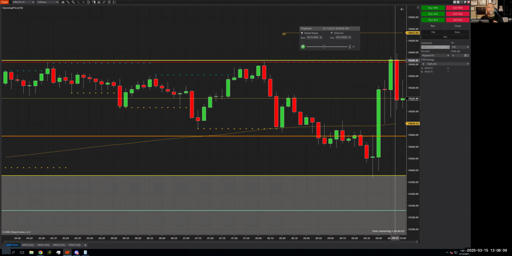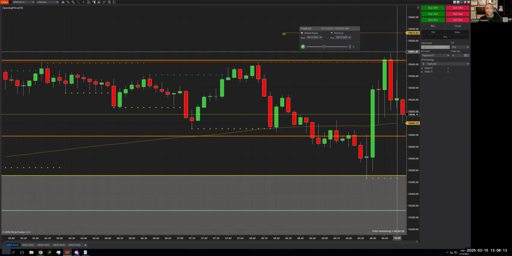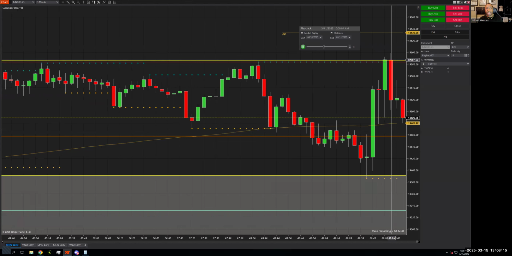My idea of a closure is up here. It's got to be a good distance above it. That little bit right there was just a bear trap sweep to snatch people up. Because if it closes just a little bit above it, people get happy and they're like, ooh, buy, and they'll buy it, and then it sweeps them. So that little bit of closure, I wouldn't even count that.